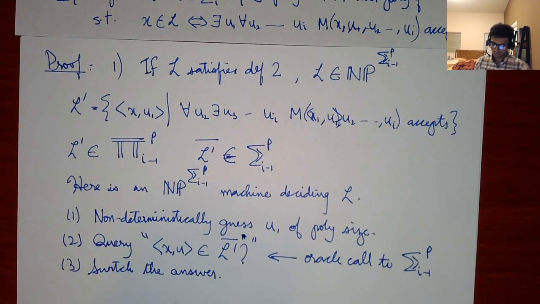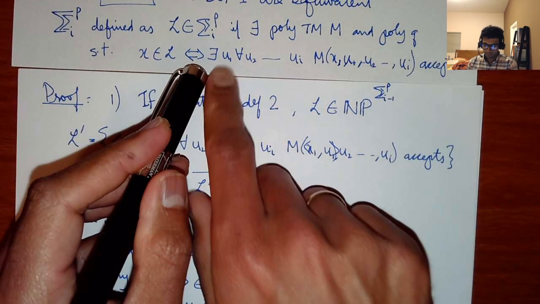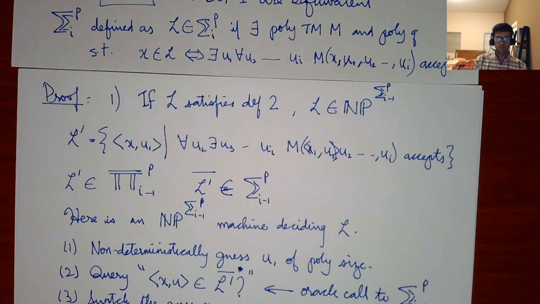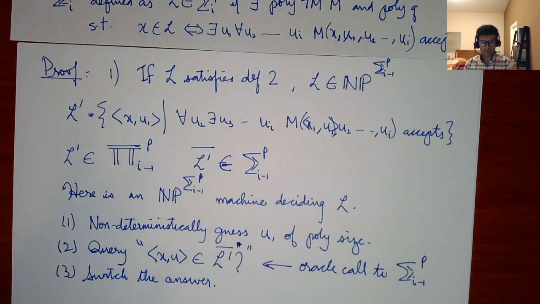So this is almost syntactic, the proof, right? Because if you look at what this definition is, using an NP machine, you can non-deterministically guess the first part, and then you just have to make a query to a pi language. But making a query to a pi language is the same as making a query to a sigma I language. All right, is that clear?